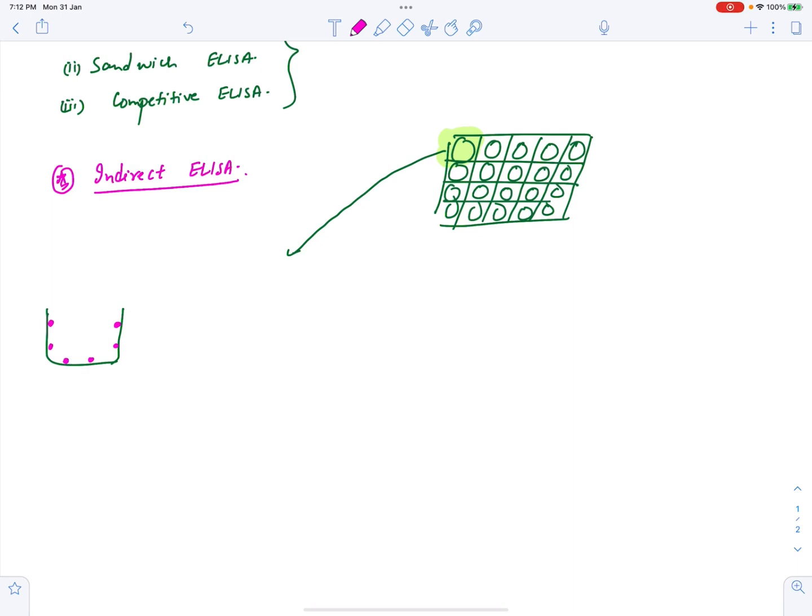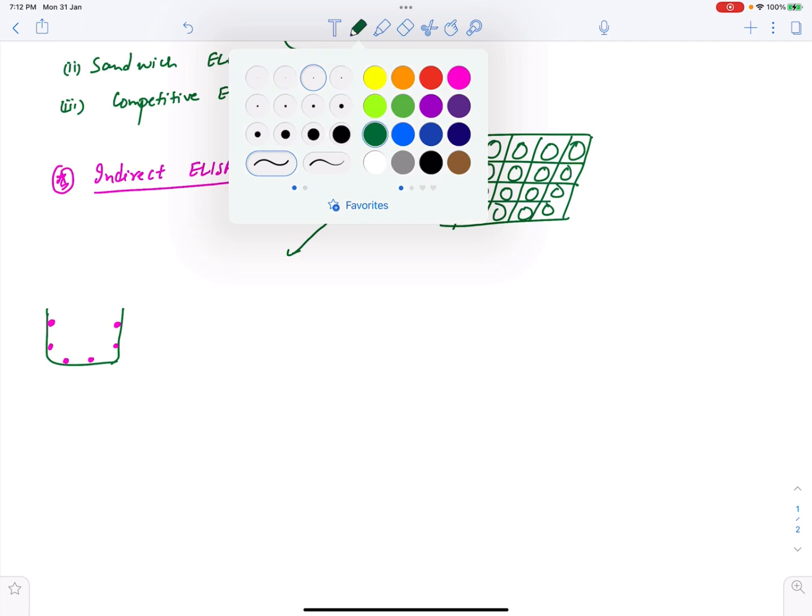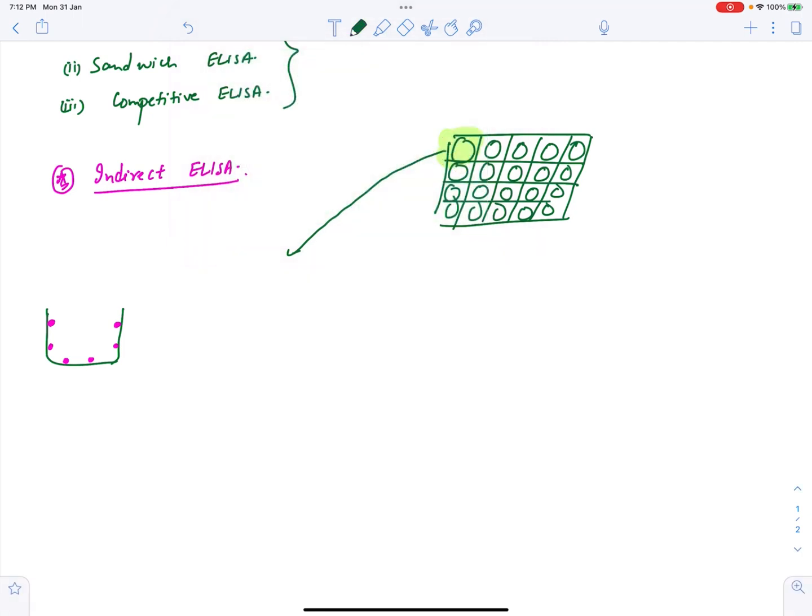As I have said, in indirect ELISA you are detecting an antibody molecule, so this well is adsorbed with a particular antigen for which you are identifying a particular antibody.